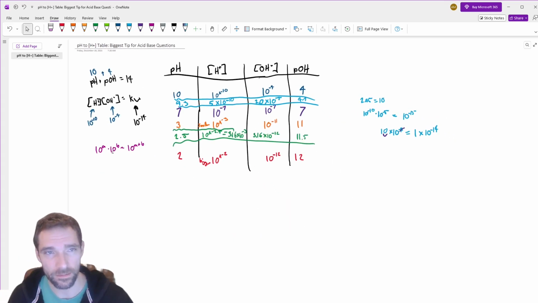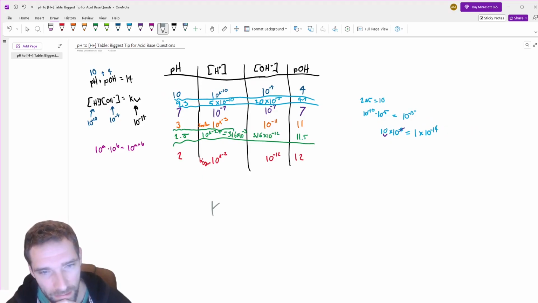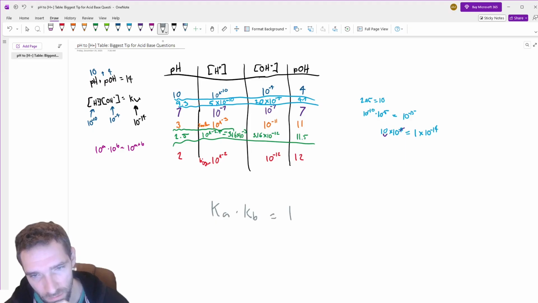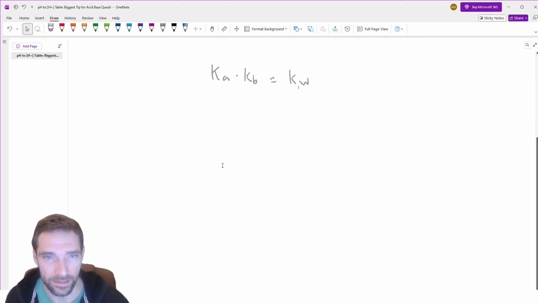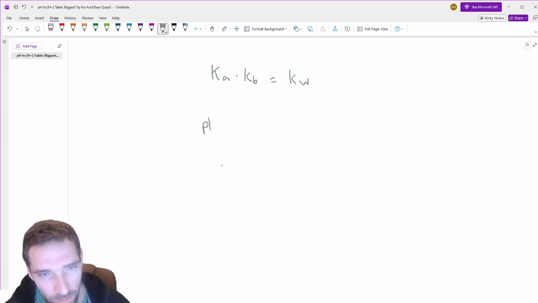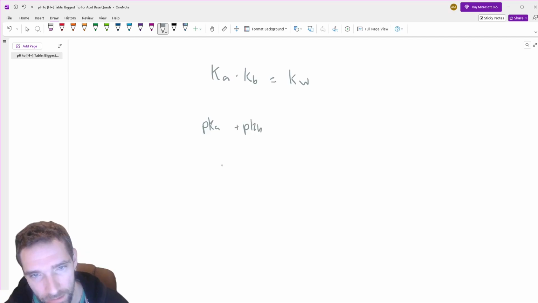And just as a bonus, this is a bit of an extension, but if you wanted to think about Ka and Kb, this is the same sort of trick that you can use when you're solving for Ka and Kb. You can also work with pKa and pKb, adding up to 14 as well.